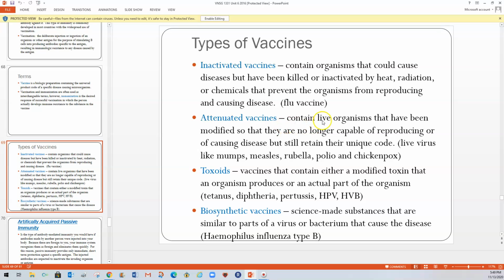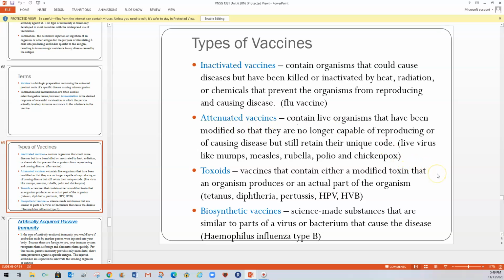Attenuated means it contains a live organism that has been modified so that it's no longer capable of reproducing the disease. Live viruses are mumps, measles, rubella, polio, and chickenpox. That's an attenuated vaccine.